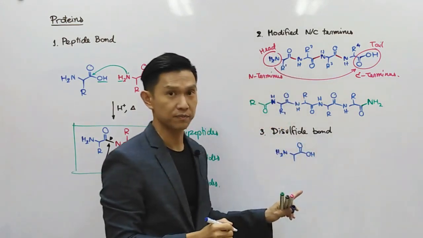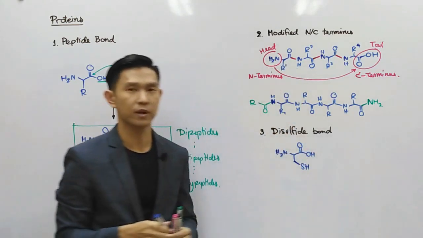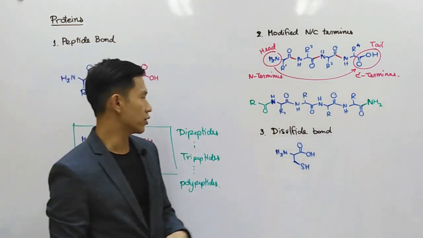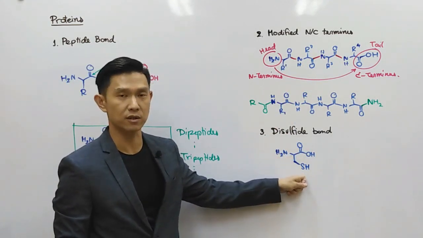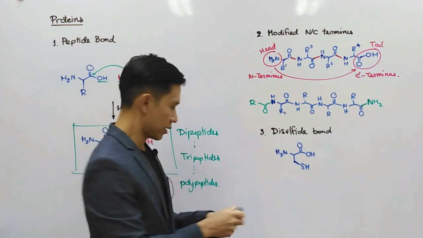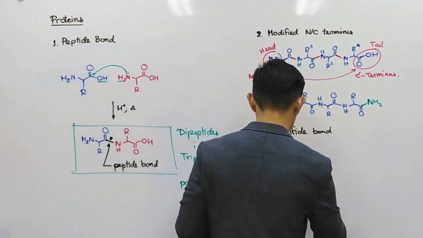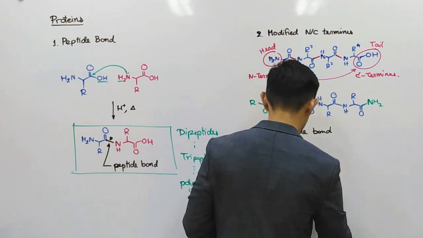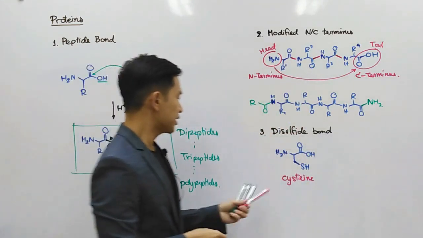This is an amino acid. Cysteine is this one. You have the methylene bridge linked between the alpha carbon and the SH or thiol group. This is called cysteine.